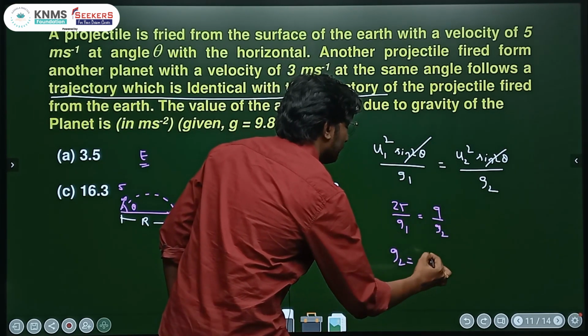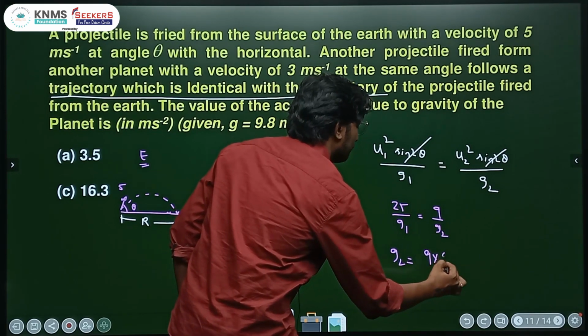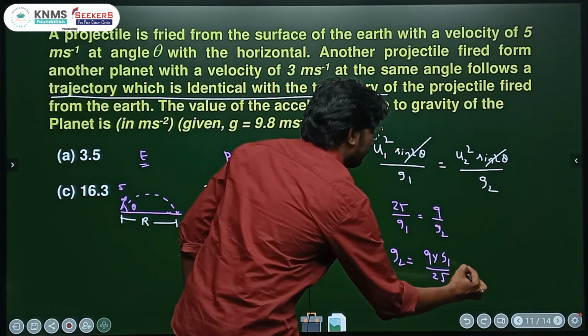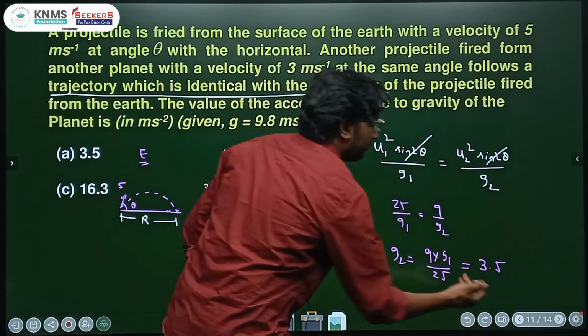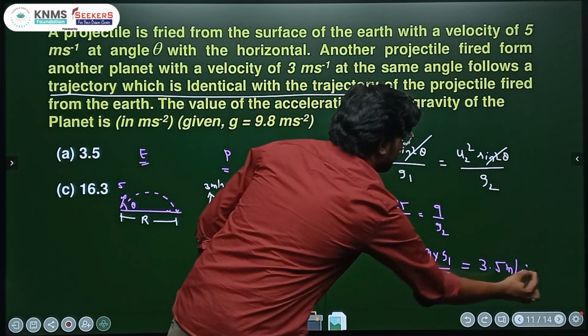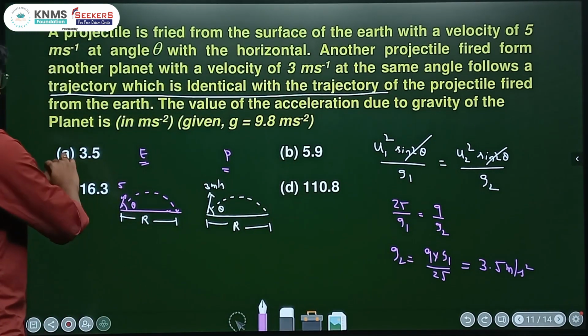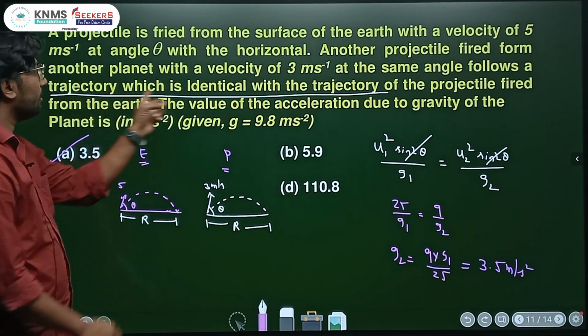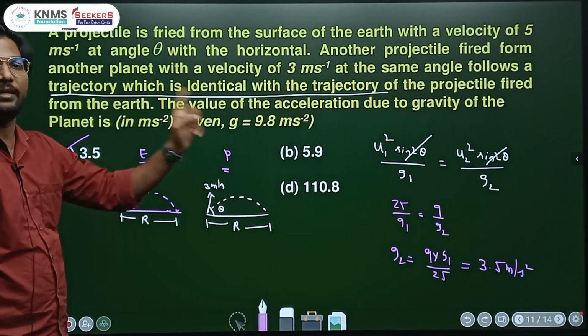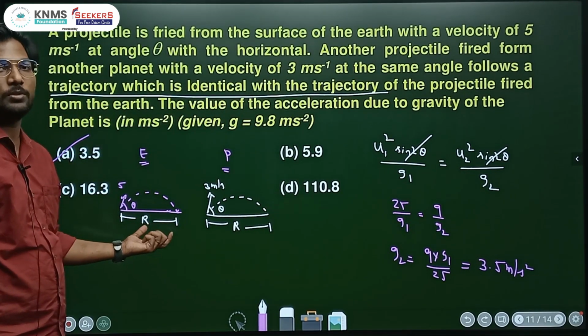So g2 is equal to 9 times g1 divided by 25. So this value will be approximately 3.5 meter per second square, which is option A. Okay, it is simple. The technique is this particular statement: trajectory equal means the horizontal range will also be equal.